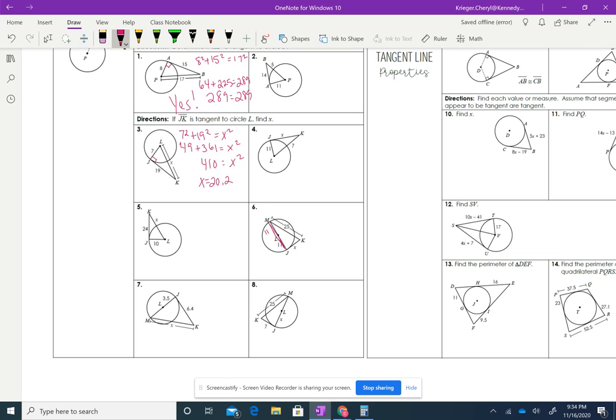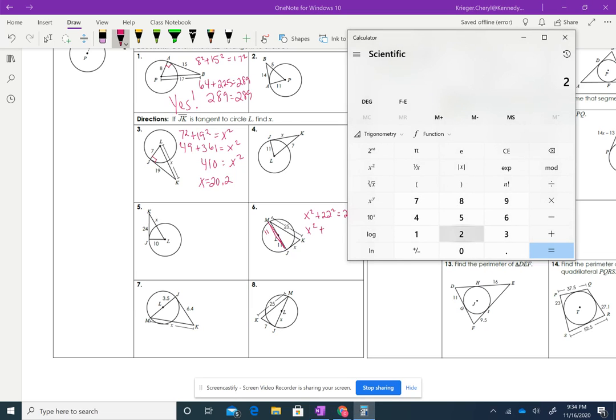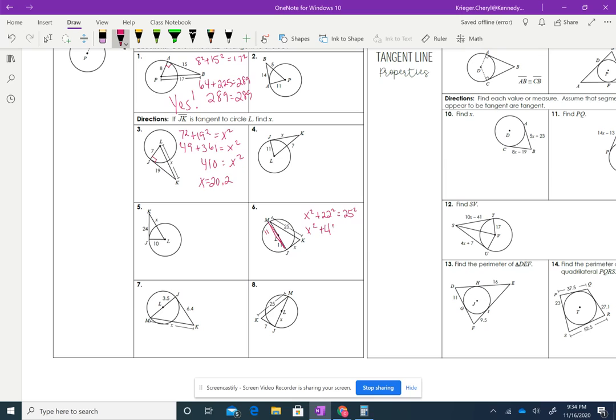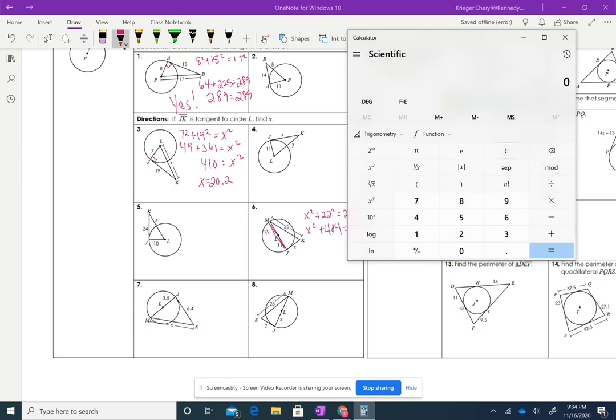So I'm going to say X squared plus 22 squared equals 25 squared. X squared plus 22 squared is 484. Should have known that. And 25 times 25 is 625. So 625 minus 484.